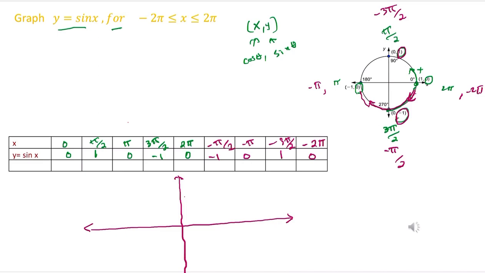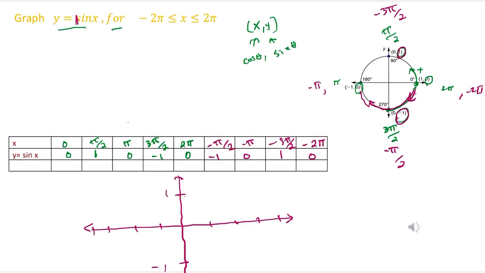So I have 4 values on the right side: 1, 2, 3, 4, and 4 values on the left side: 1, 2, 3, 4. Then we look at our y-axis. I just look at the amplitude. Here it's 1, so I only have to go 1 up and 1 down. That's all I need, negative 1 and 1.